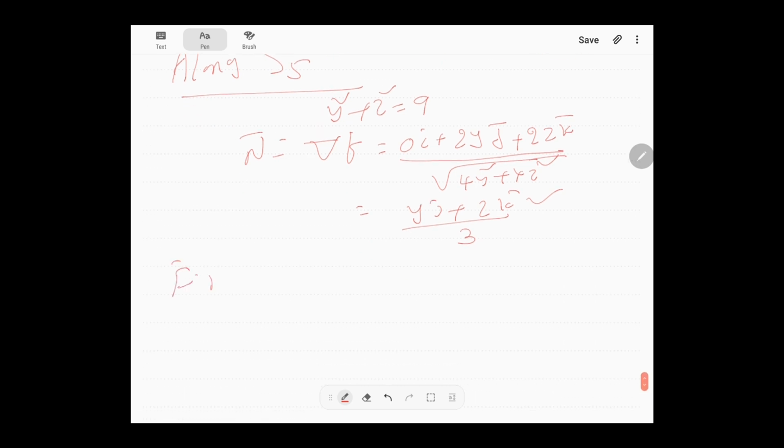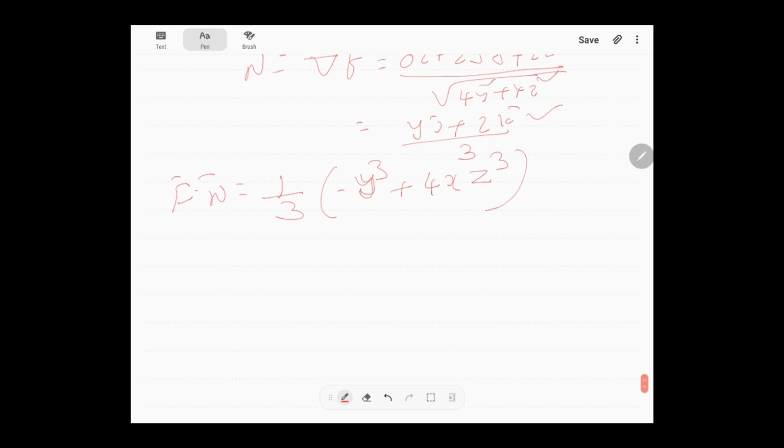Now f bar dot n bar is 1 by 3; the x part you don't get; minus y square into y, that is minus y cube, plus z k bar, 4x z square into z, 4x z cube by 3. This is f bar dot n bar.